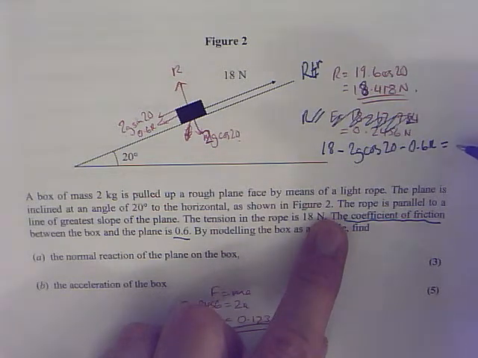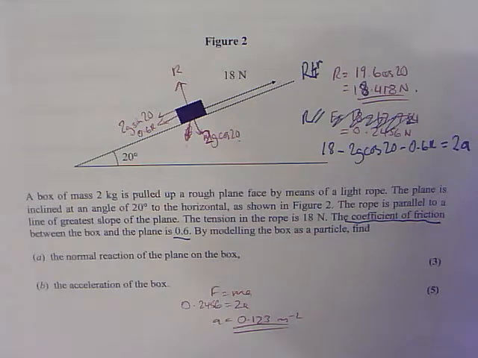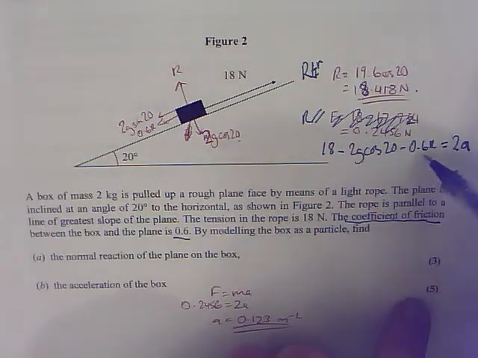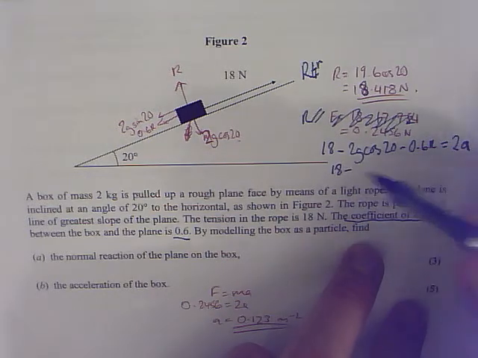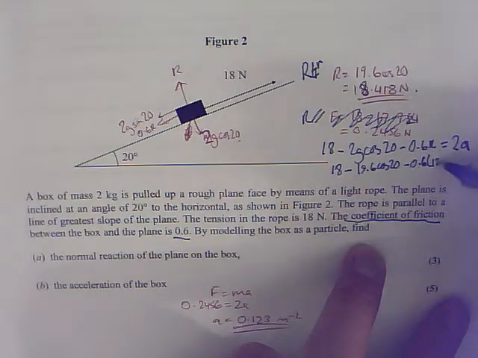So why don't I scrap this working and do it the way I normally would do it, because that would be better. Resolving parallel to the slope, we've got 18 minus 2g sin 20 minus 0.6R is equal to ma. The mass is 2, so this is going to be equal to 2a. And we are finding a. Now, we know all the other bits. We know what g is, we know what R is.